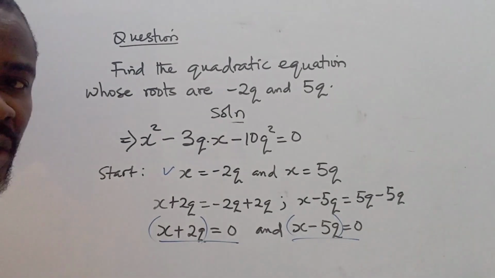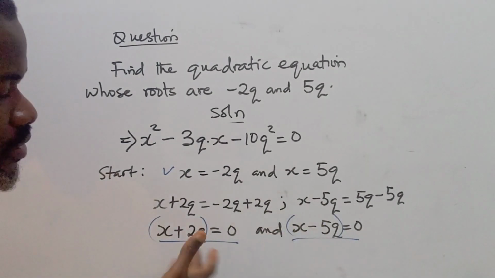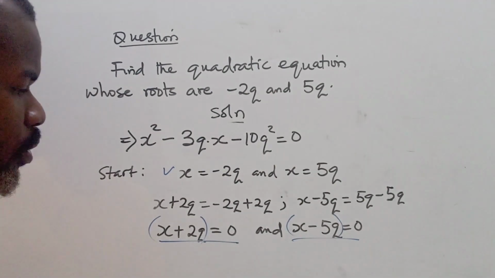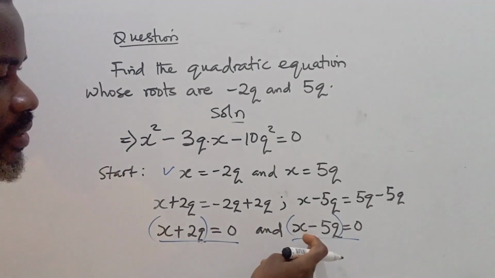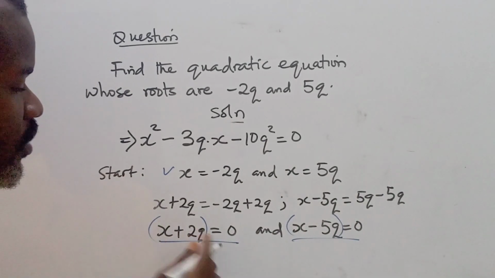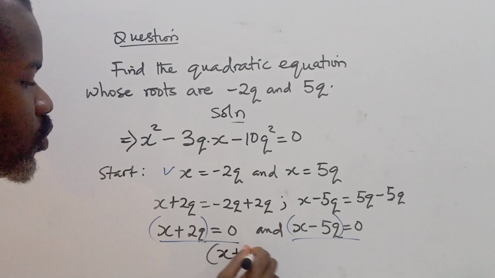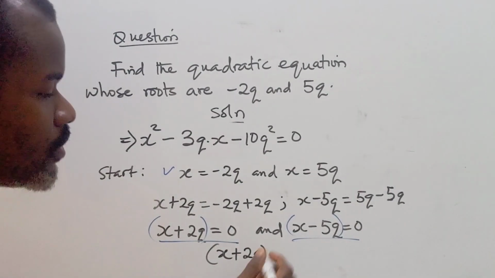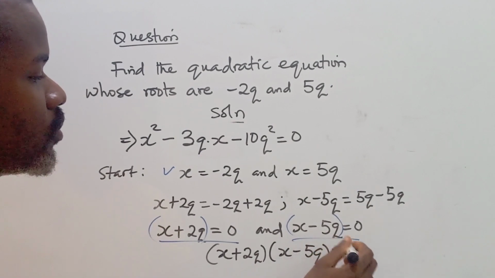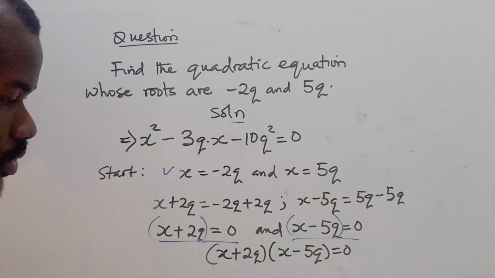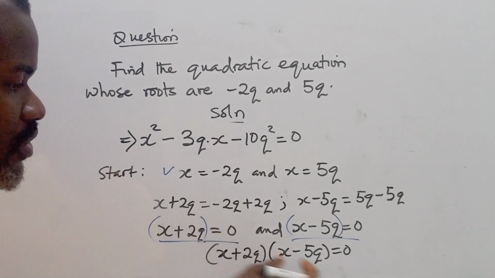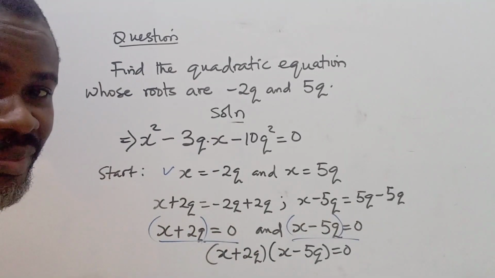So solving it backward, you know that this times this gives you 0. So we have x plus 2q multiplied by x minus 5q equals 0.